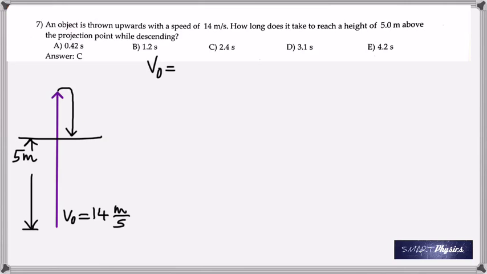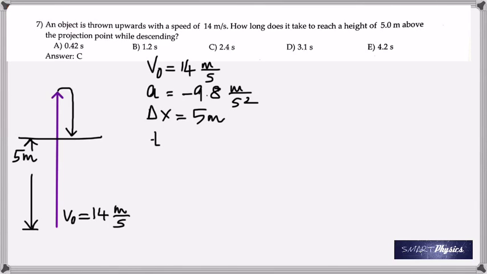Okay. So what are the quantities? V naught is 14 meters per second. Acceleration is negative 9.8 meters per second squared because it's going up. We know that. The displacement is 5 meters, and you're asked to find the time.